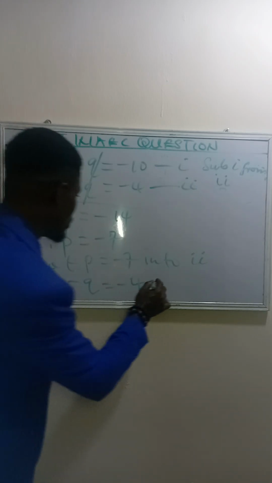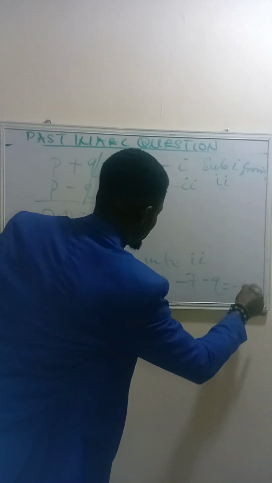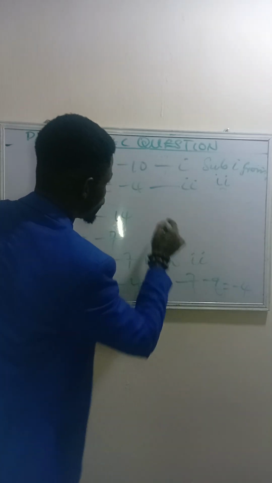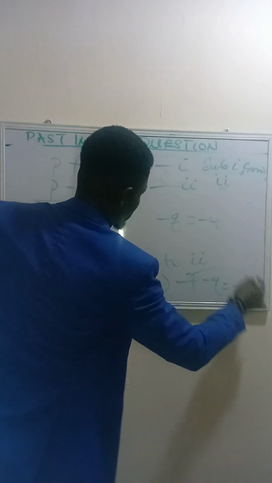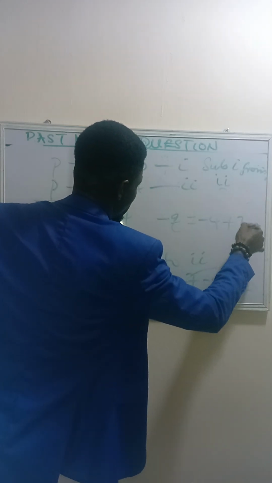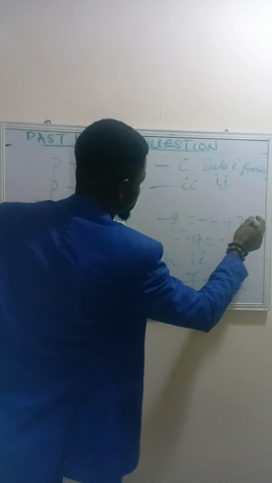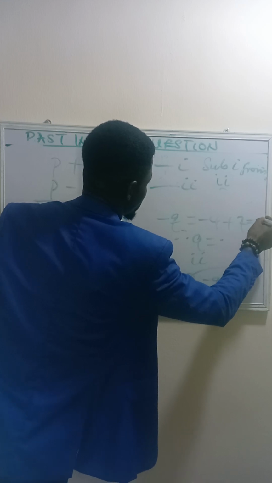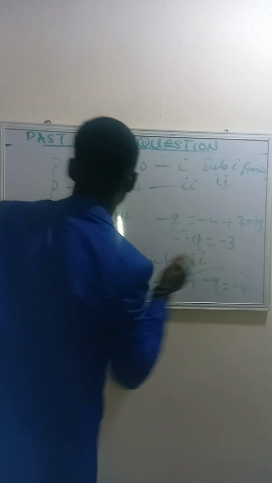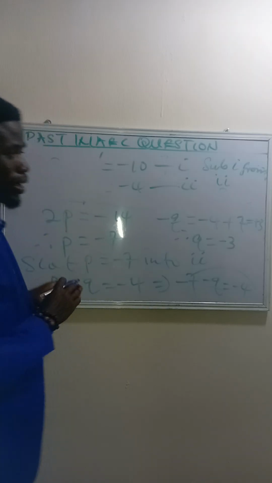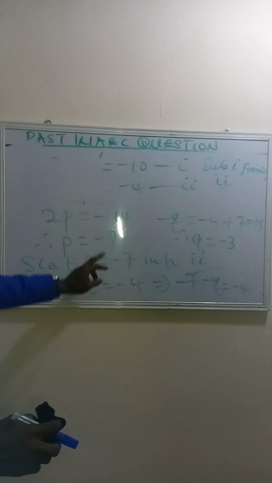Your p is minus 7, then we have minus q equals minus 4. Don't forget that we are looking for q. So minus q equals minus 4 plus 7, which gives plus 3. But when you divide by this negative, we have minus 3. Therefore, our q is minus 3 and our p is minus 7.